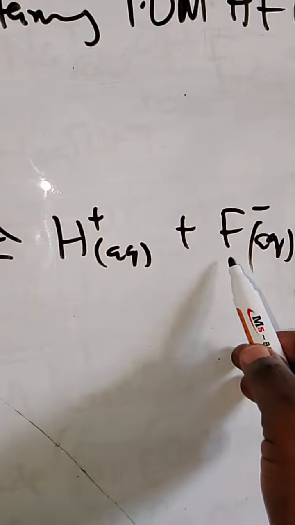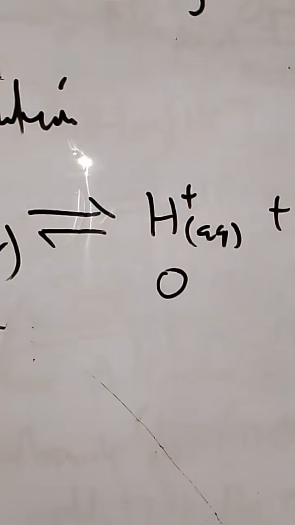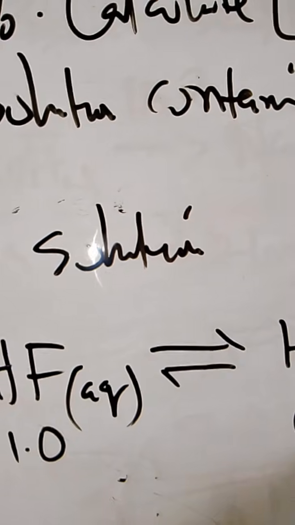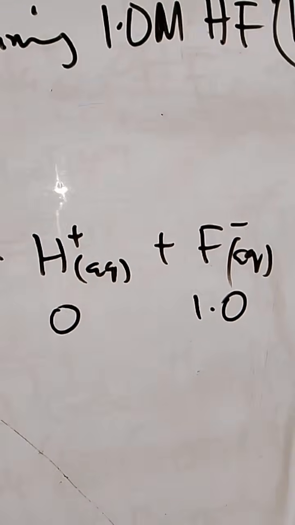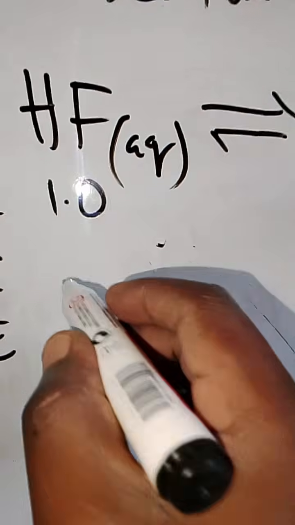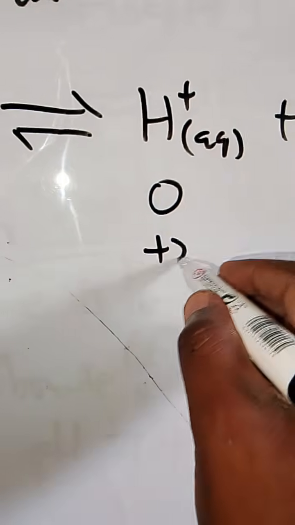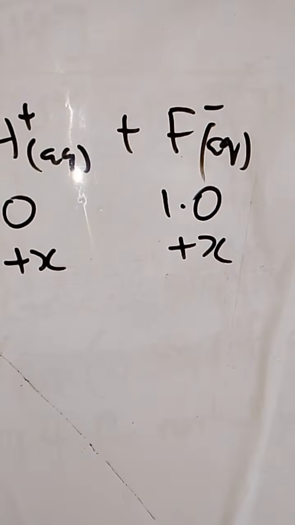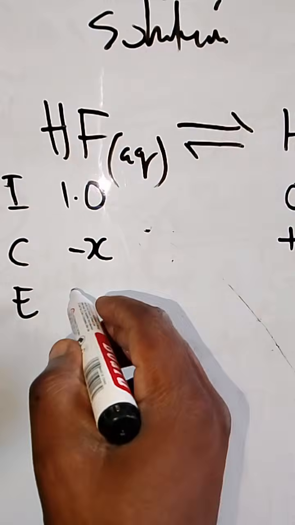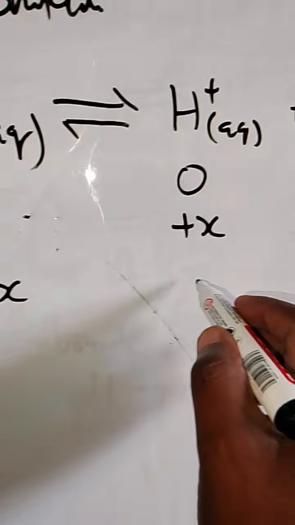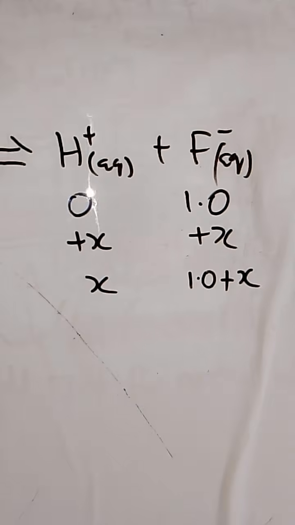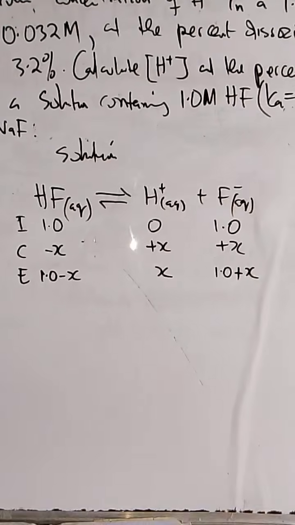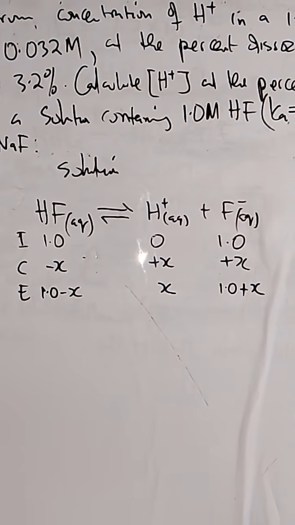The initial concentration of hydrogen is 0. The initial concentration of fluoride ion is also 1.0 molar, from the added sodium fluoride. Change will be minus x, plus x, plus x. Then equilibrium: 1.0 minus x, x, and 1.0 plus x. That is how the table will look.